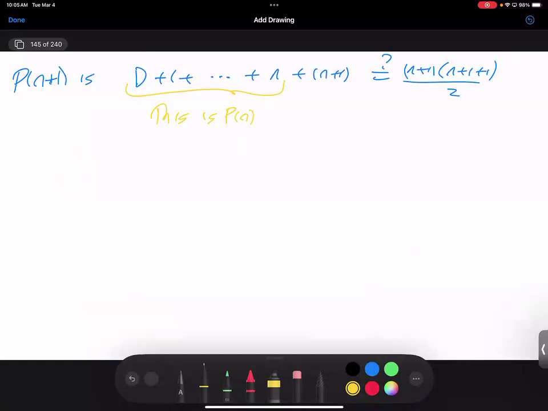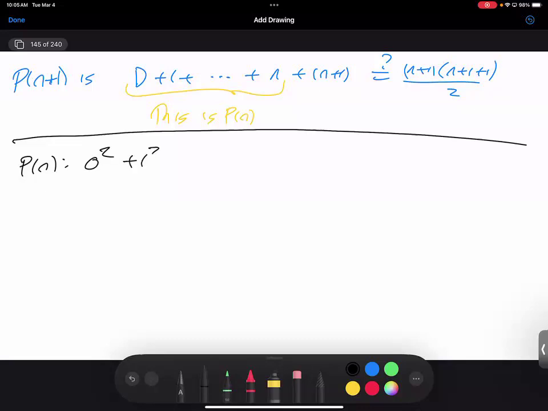The other thing that was a challenge was knowing what to prove. I told you it's n times n plus 1 over 2. What if I give you Pn is now 0 squared plus 1 squared plus 2 squared plus dot dot dot plus n squared equals n times n plus 1 times 2n plus 1 over 6.